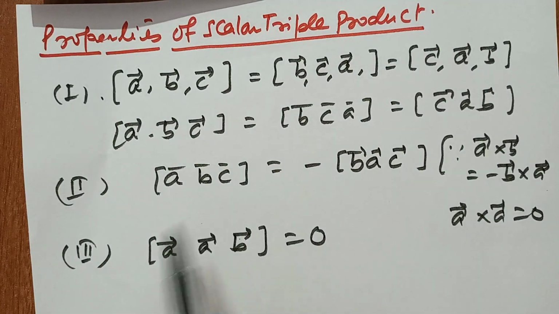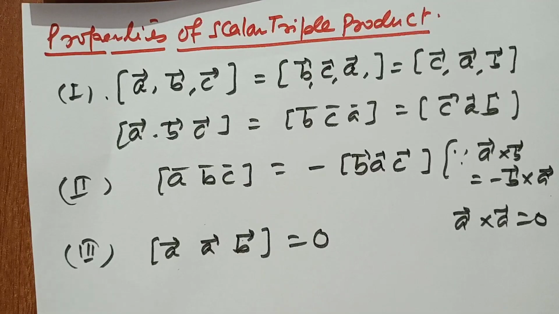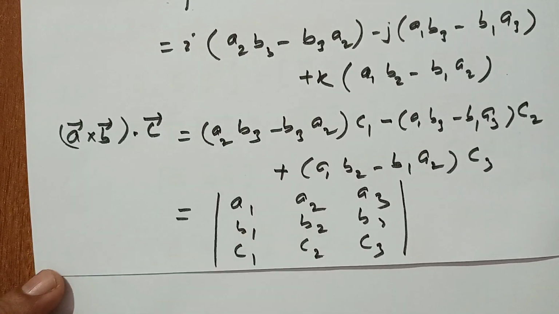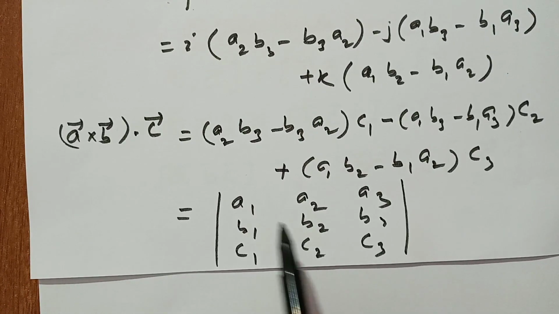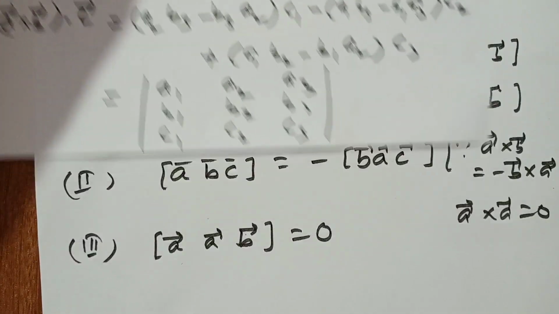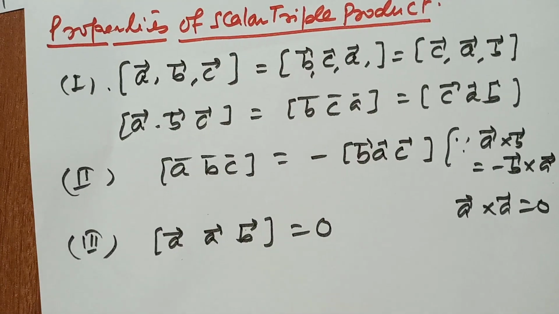You can also verify it by the property of determinants, because A cross B dot C is equal to this determinant. If two rows or columns are equal, then the determinant is 0.